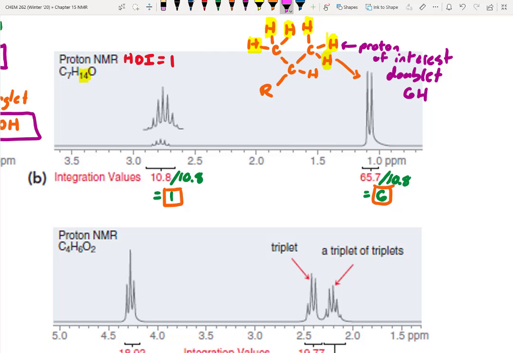All right, so now let's go over here and say, what about this one? So that purple one, what will it integrate as? I'd say it'd integrate as 1, meaning only 1 proton in that set. What will it be split as?